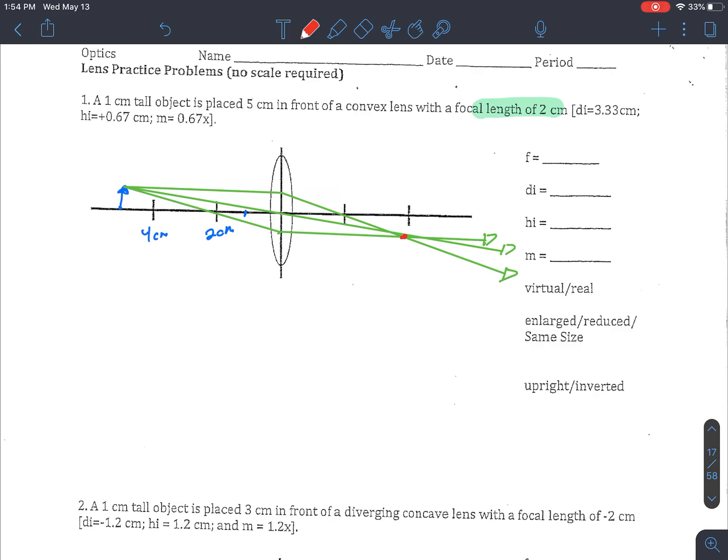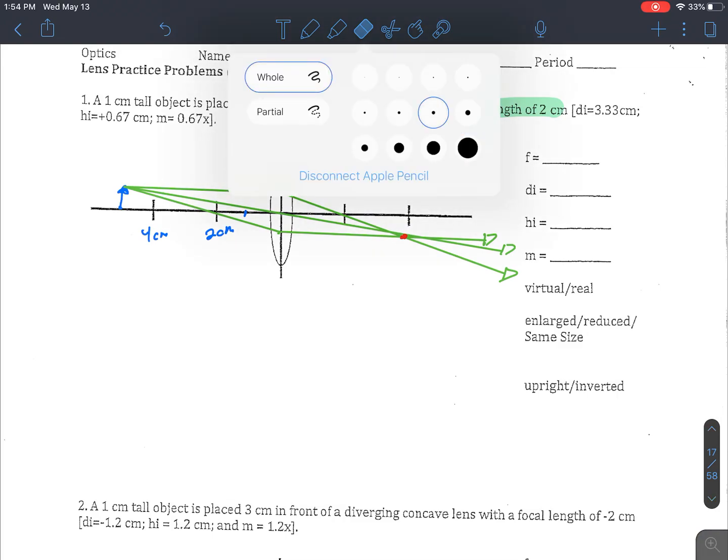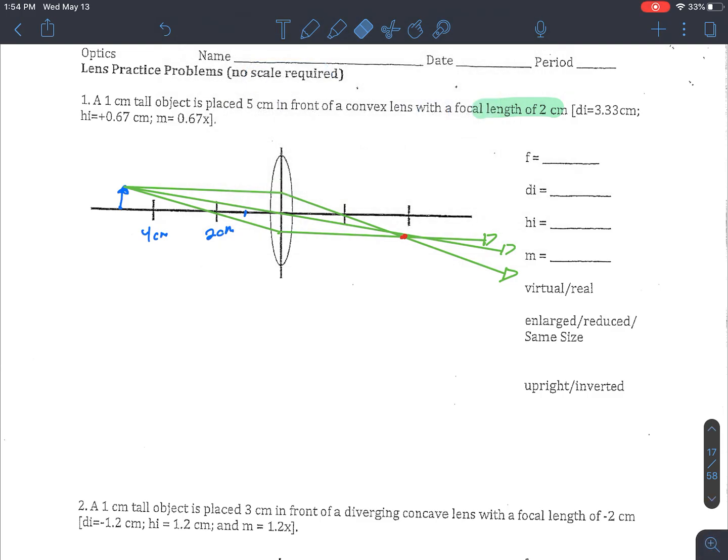I'm actually going to redraw one of those because it's not lining up. You can see this is close to 4 centimeters, and knowing what the answer is, I could see that some of my rays are not perfectly aligned, mainly this one.